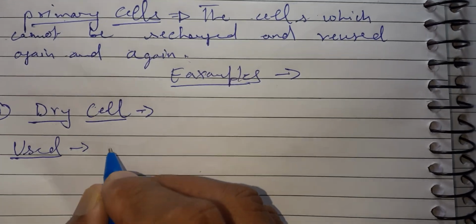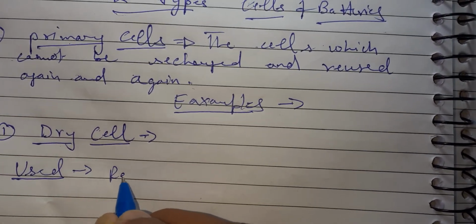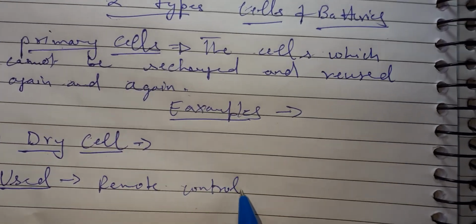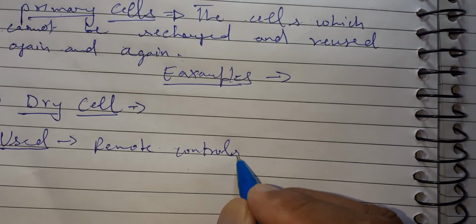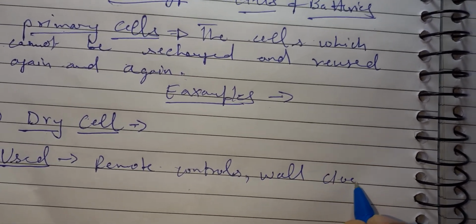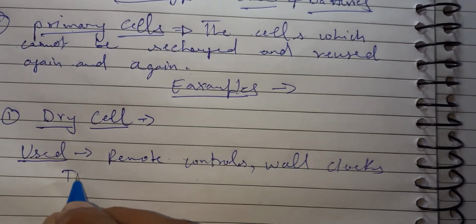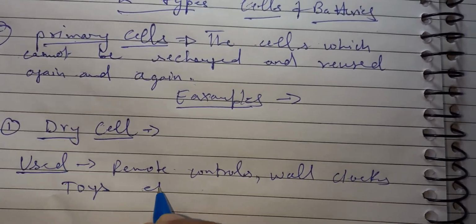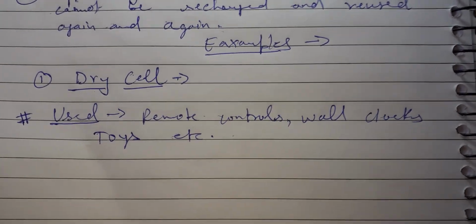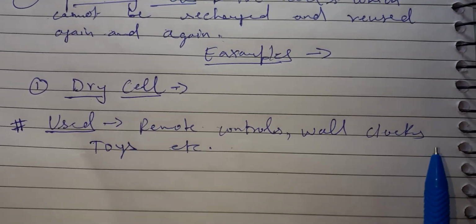Dry cell is used in our remote controls, commonly used daily life remote controls, wall clocks, toys, etc. These are commonly used forms of dry cell in our daily life.